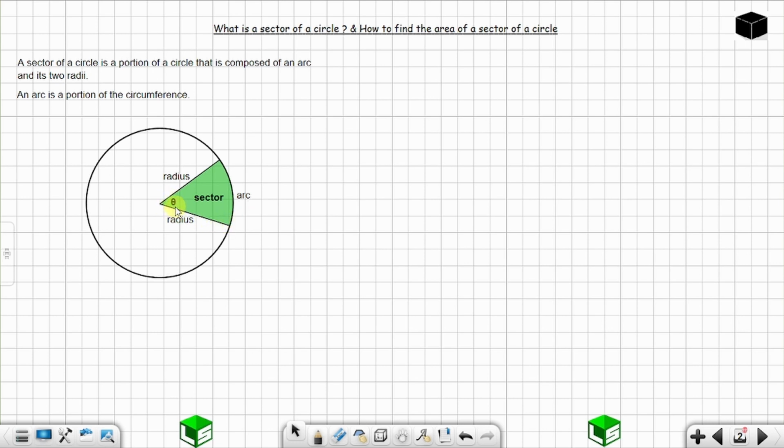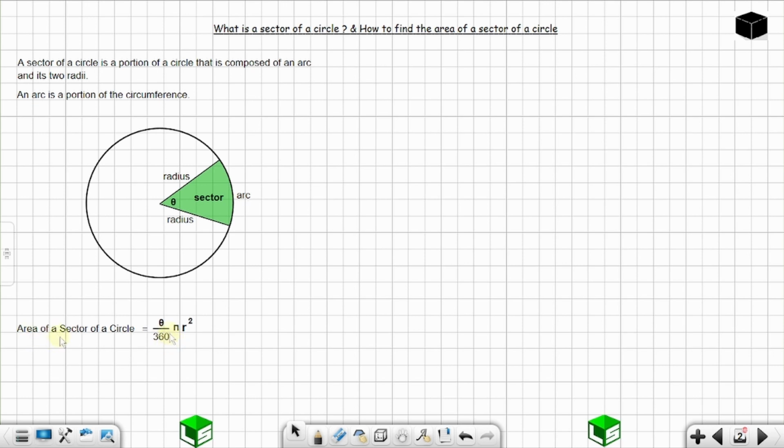Now, to find the area of a sector of a circle, you always want to start with the area of the entire circle, pi times r squared. Remember to multiply by theta over 360.